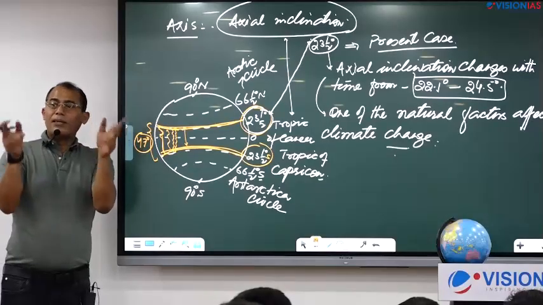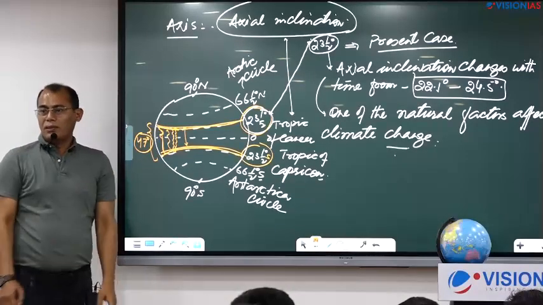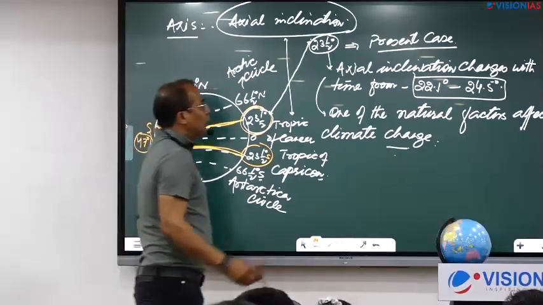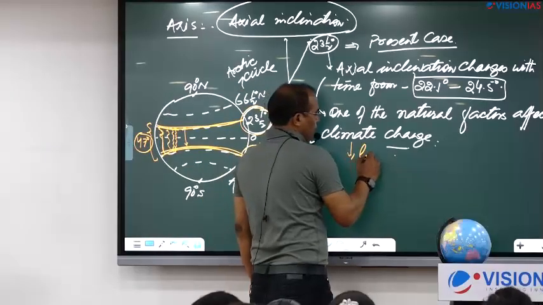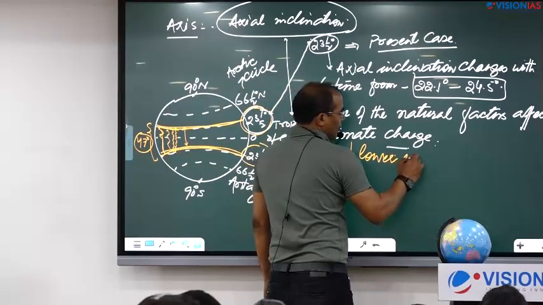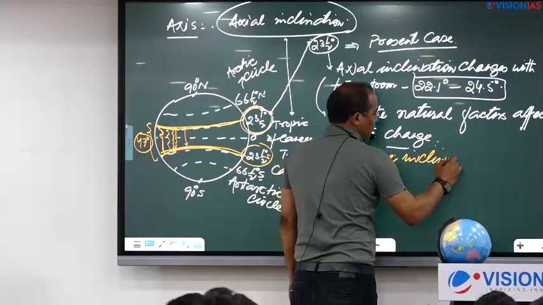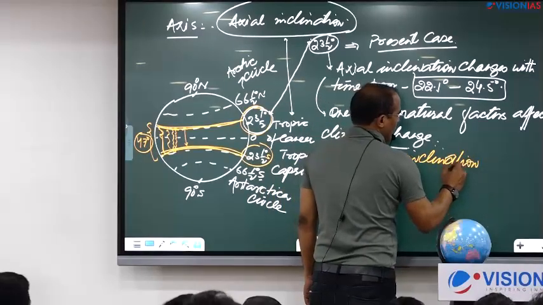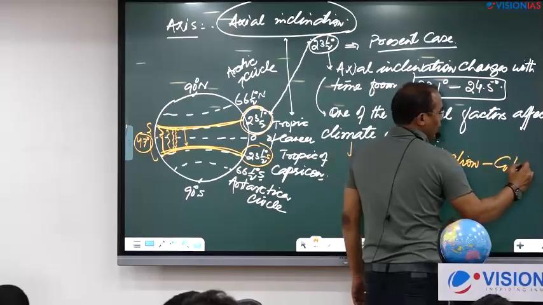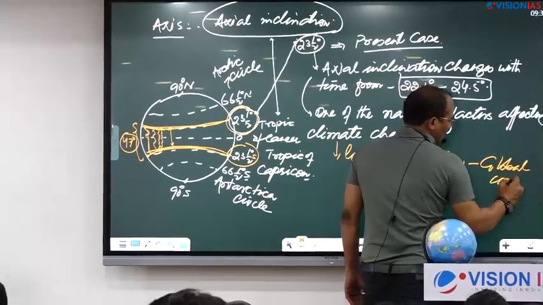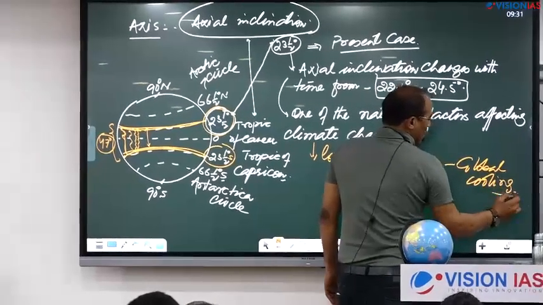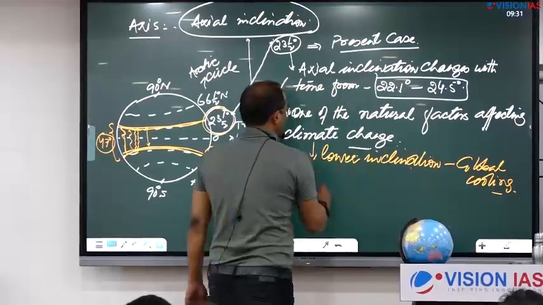If it is smaller, the average temperature of the Earth will be lower. So when the inclination is lower, close to 22, it indicates global cooling, or it is a part of global cooling.